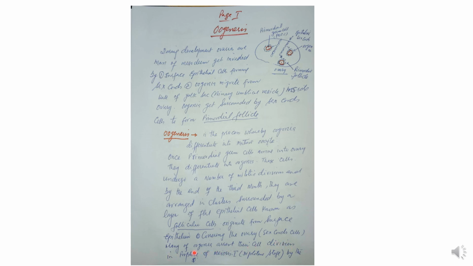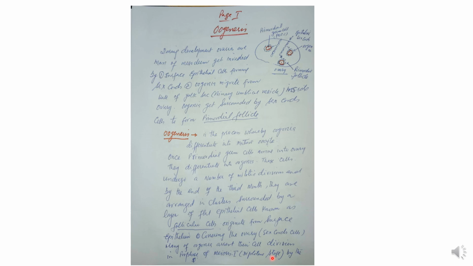When they start their meiosis, many of the oogonia arrest their division. Where is meiosis arrested? In prophase of meiosis 1, or the diplotene stage.